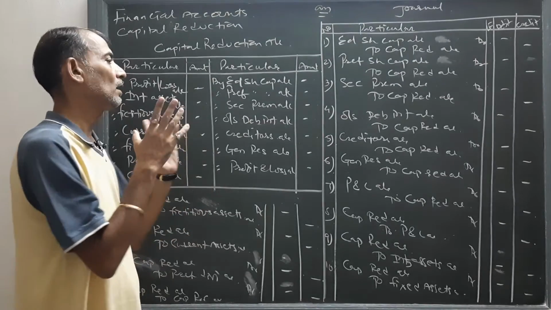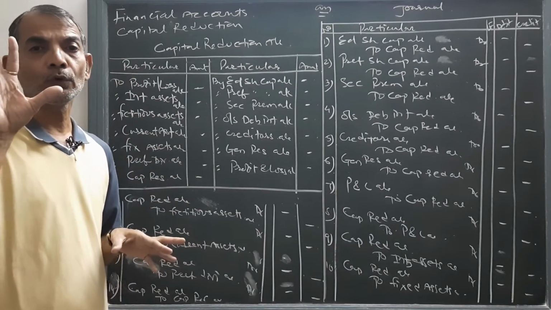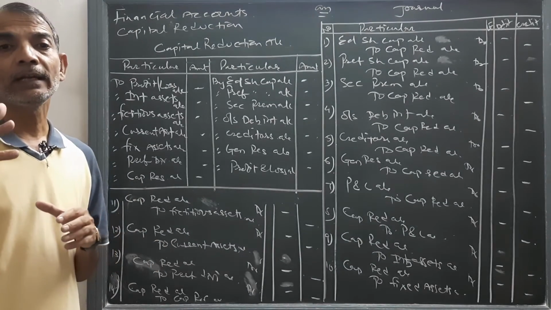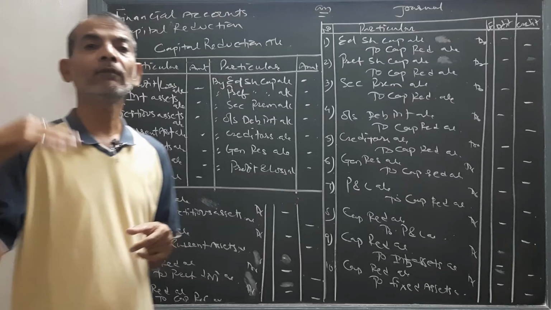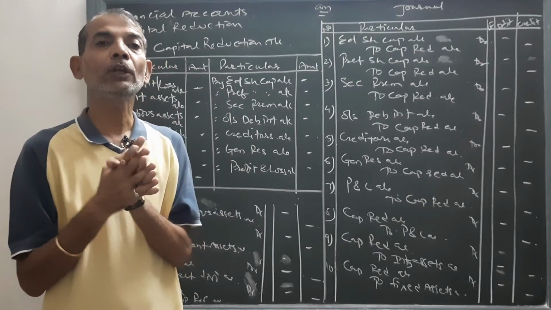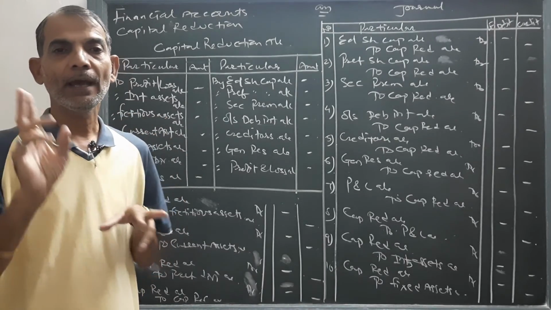So these are mainly the journal entries. There are also four to five other types of journal entries that will be explained when we take a question or solve an example.